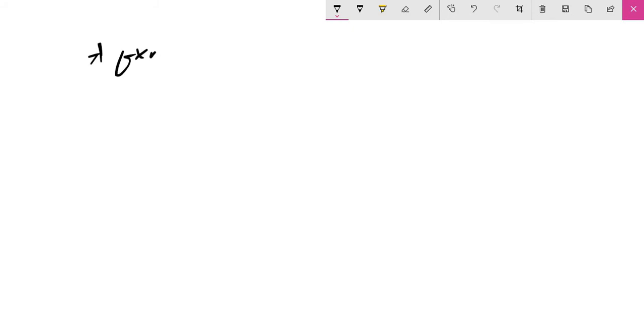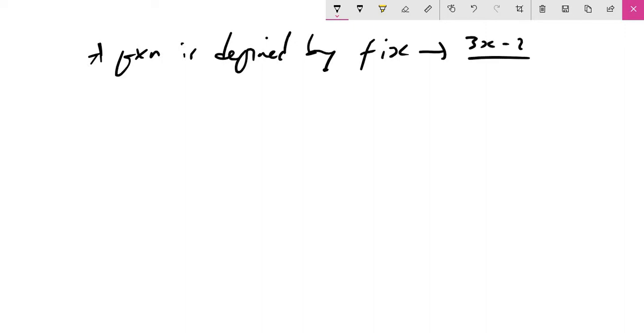A function, and by the way, this is how I abbreviate my function, fxn, is defined by f(x) = (3x - 2)/(x + 4). So now this is how functions are defined, right?